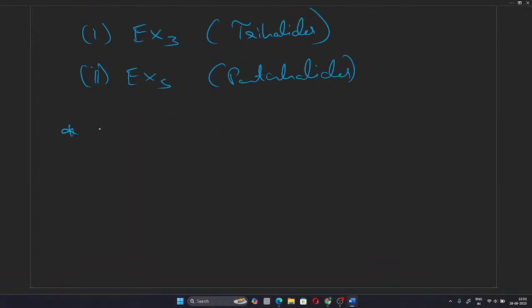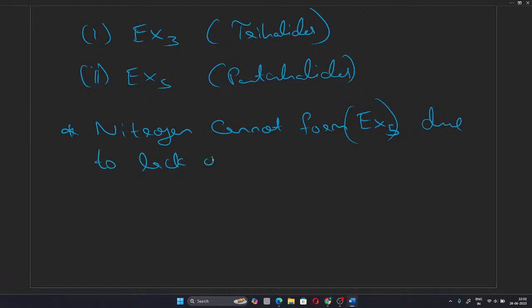But nitrogen cannot form pentahalides, EX5, due to lack of d orbitals.